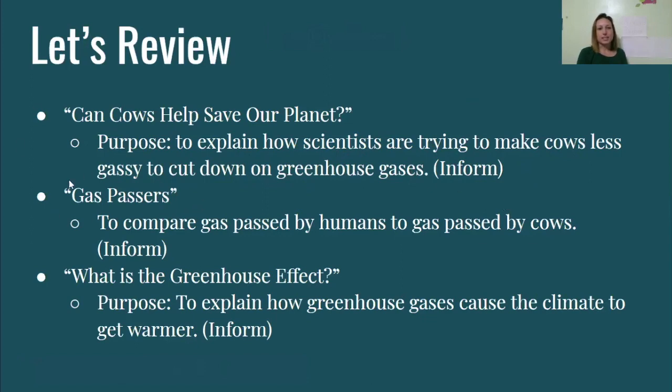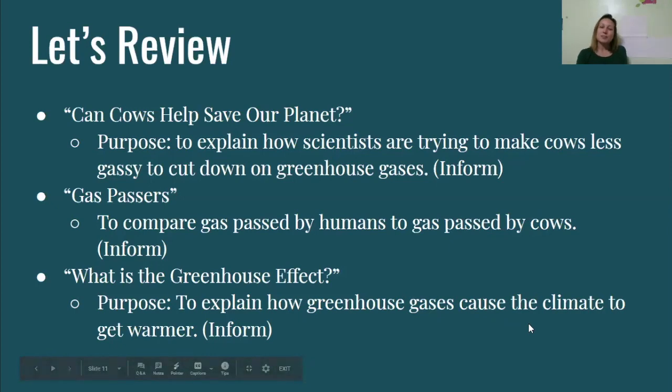The section Gas Passers was also written to inform, and its whole purpose was to compare gas passed by humans to gas passed by cows. And the section on what is the greenhouse effect, it was also to inform, but more specifically to explain how greenhouse gases cause the climate to get warmer.